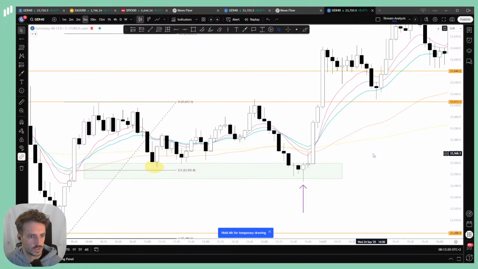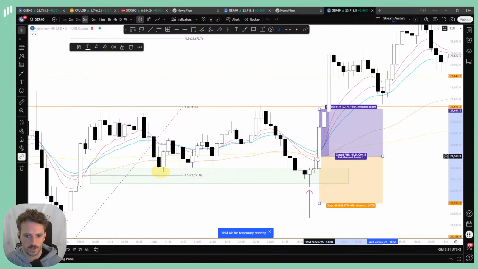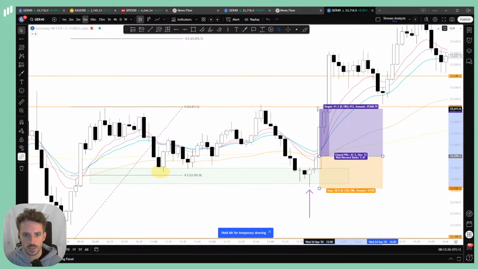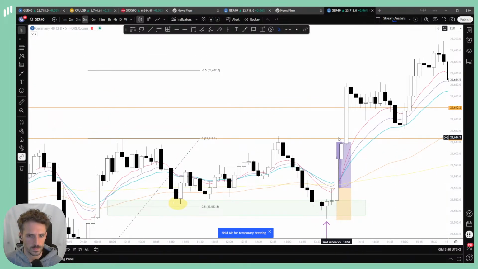What other good trades are hidden here on this screen? Yeah, I think if I entered here around this area with the stop here, my first target is somewhere around here. Looking at the week from the open, forming a box in my mind.